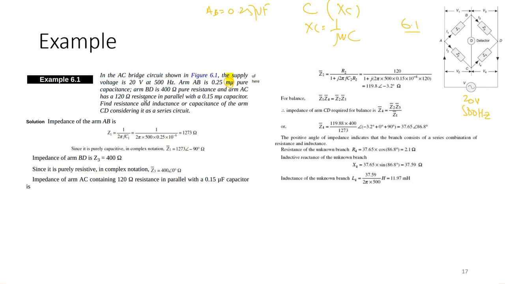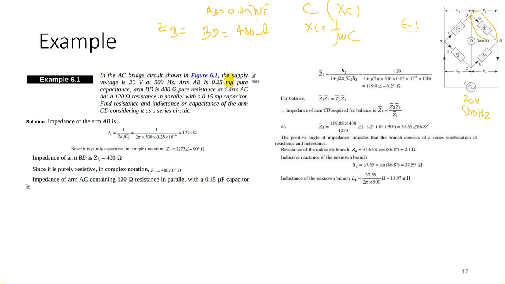BD is this side, and BD is 400 ohm. This is already Z, so we are good with Z3, but Z1 must be calculated.